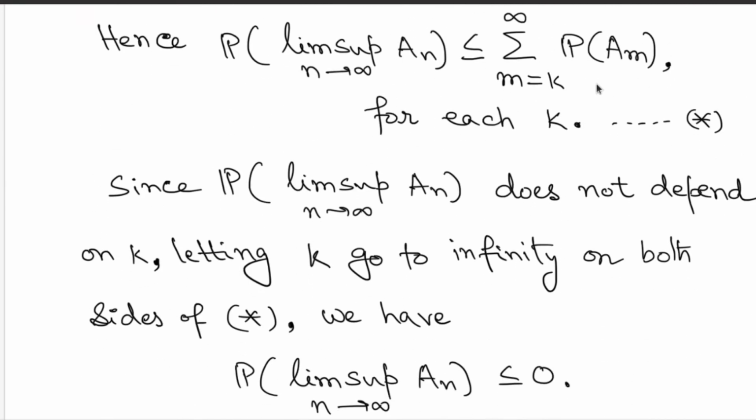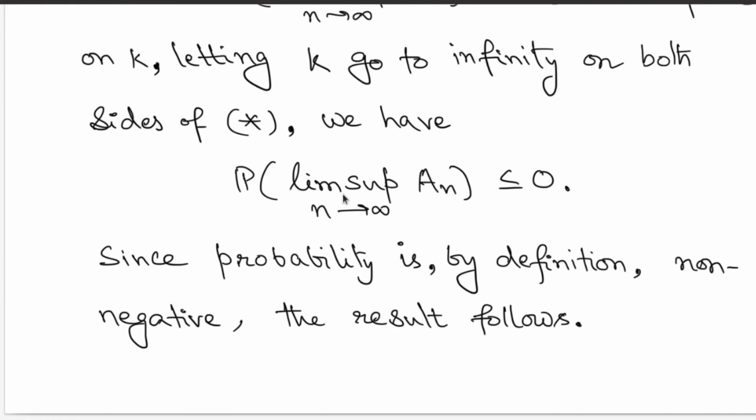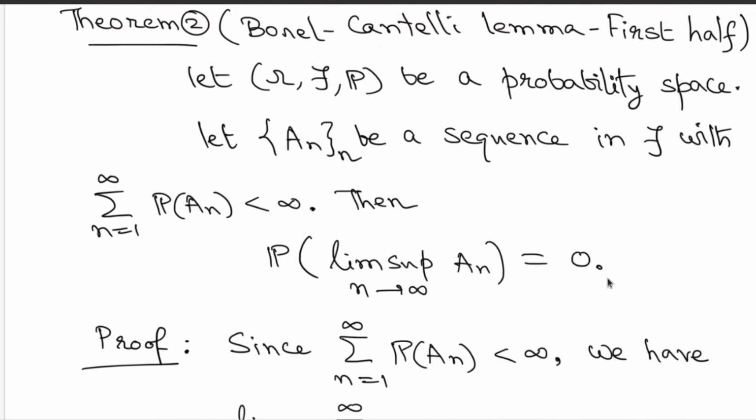So if you let K go to infinity in the relation (star) on both sides, the left hand side does not depend on K, but the right hand side depends on K and goes to 0. So what you end up with is that the probability of lim sup is less than or equal to 0. But since probability cannot be negative, the only possible value is that the probability of lim sup must be 0. That's what proves it.